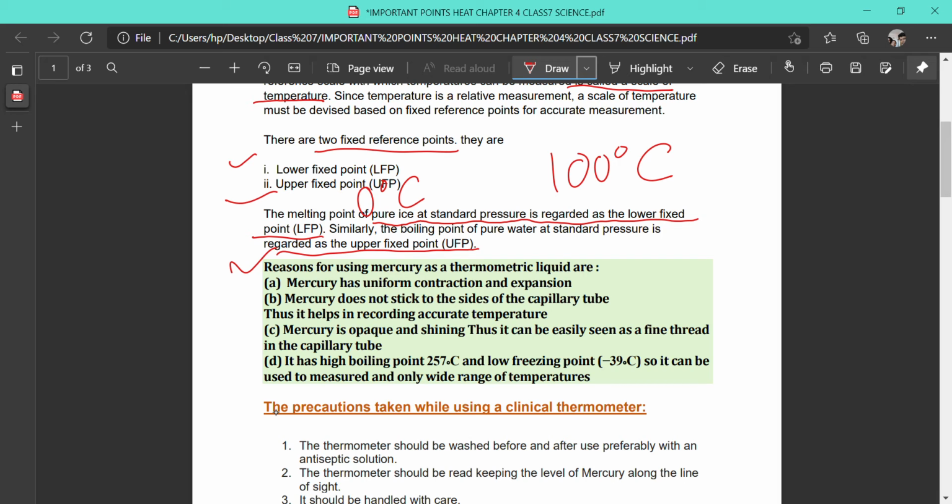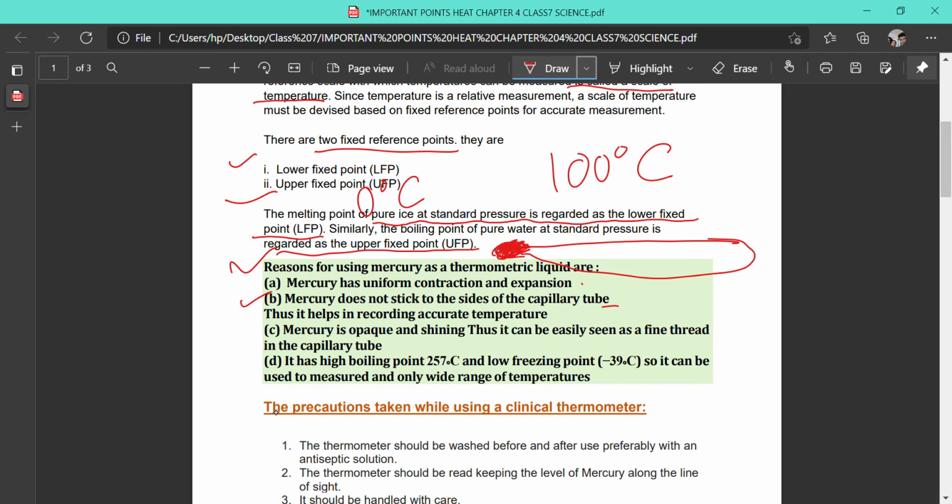Mercury has uniform contraction and expansion, so it is very sensitive, and each time, with the same slightest change in temperature, the expansion or the contraction will be the same. So mercury is very useful as a thermometric liquid. Mercury also does not stick to the walls of the capillary tube. In the thermometer there is a bulb and a thick tube, and the mercury is present there.